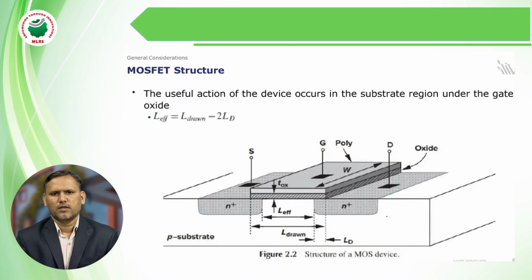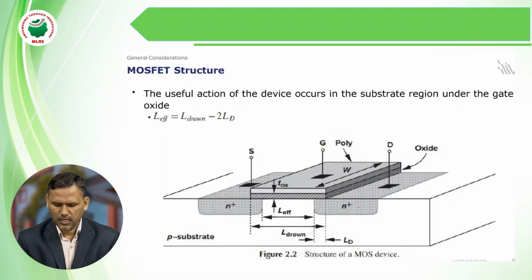Next, the third consideration is MOS structure. The useful action of this device occurs in the substrate region under the gate oxide. Based on that, the MOS structure is considered significantly. Here this is the basic MOSFET device internal structure. It contains source, gate and drain terminals.